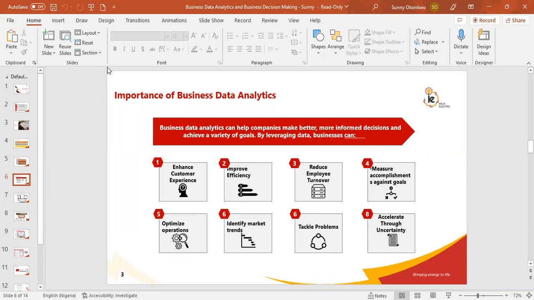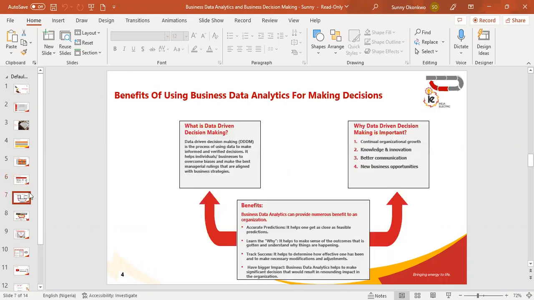As a data analyst, you should even work well as a risk analyst, because with data, you'll be able to manage risk and mitigate any kind of future uncertainty that will happen to the company. As a data analyst, you'll be able to see ahead of anybody, right? So these are the importance, can't be overemphasized.